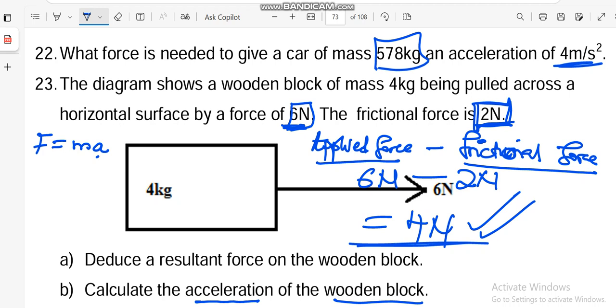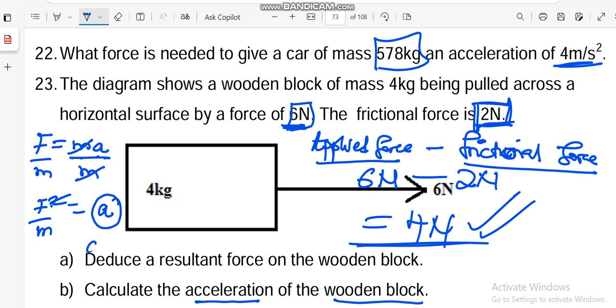I'm going to divide both sides by m, so m and m cancel each other. I'm going to have a equal to force over mass. What is the force? We are referring to the resultant force here.